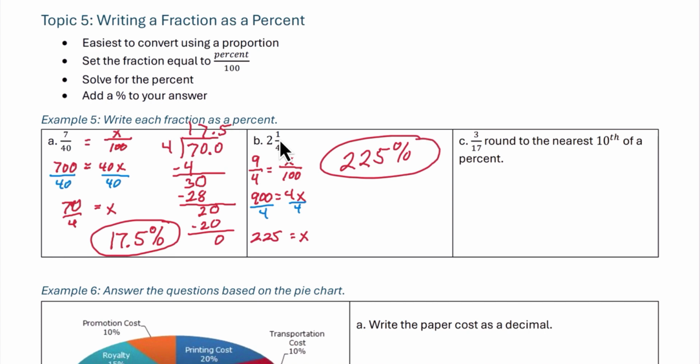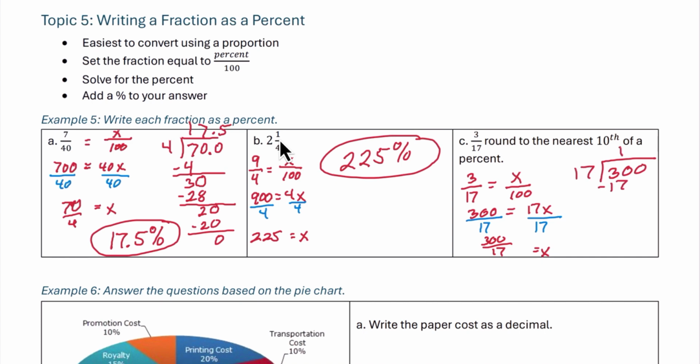In part C, 3/17, we will set that equal to x over 100 and then cross multiply. 300 equals 17x. Let's divide both sides by 17. And this looks like it's not going to reduce, so we'll need to use long division. 300 divided by 17. 17 goes into 30 one time.